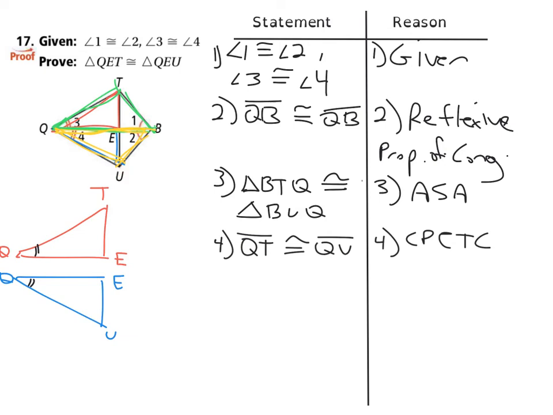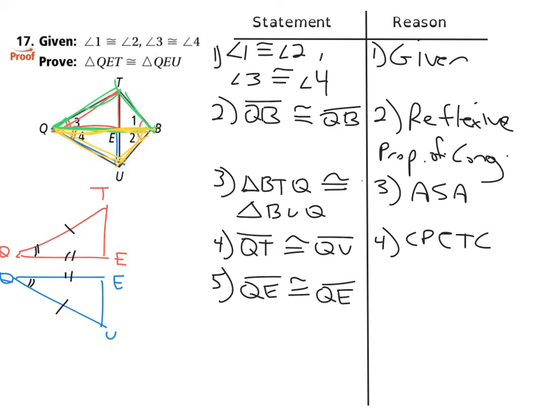The last thing that we're left to do, by the way, let me mark it now that we established that. We've established that is congruent to that in this last step, number 4. And let's now finish it off by establishing that this side is reflexively congruent to itself. So we will say 5. What is that side called? That side is called QE. QE is reflexively congruent to QE.